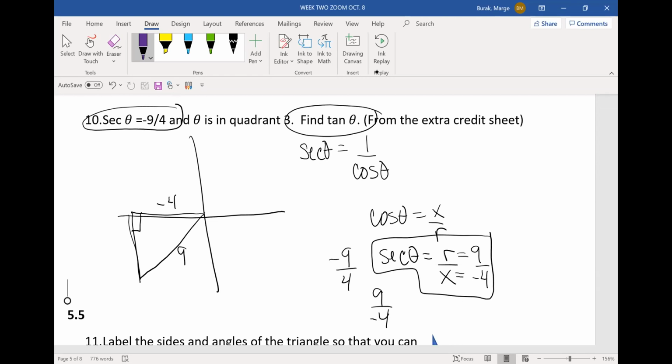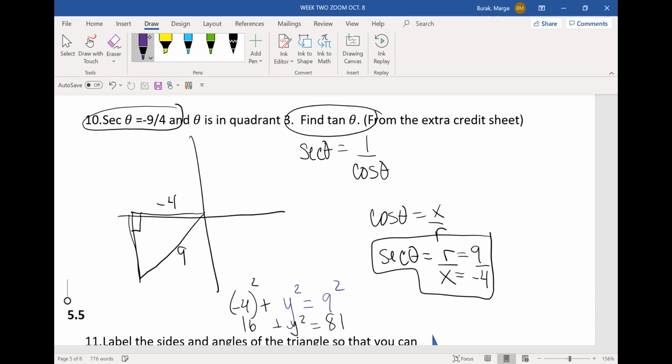All right, so we have -4 squared plus something squared equals 9 squared. So 16 plus y squared equals 81.